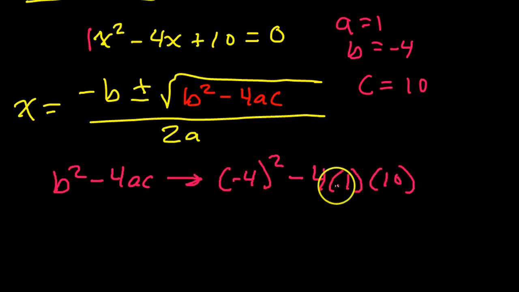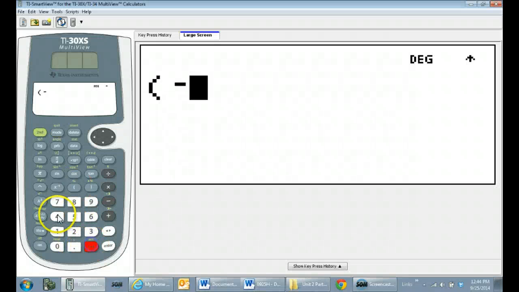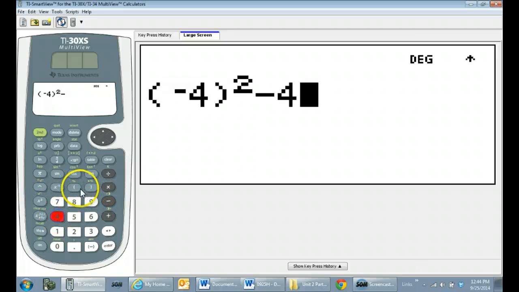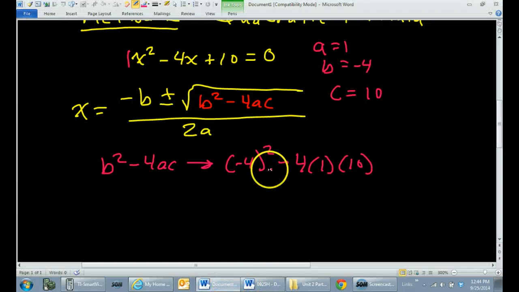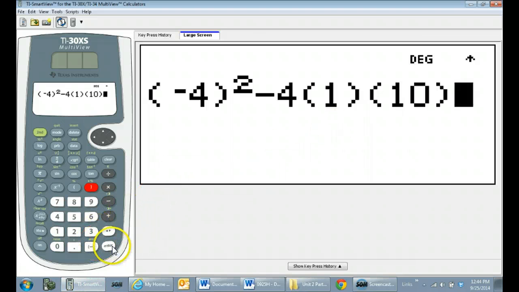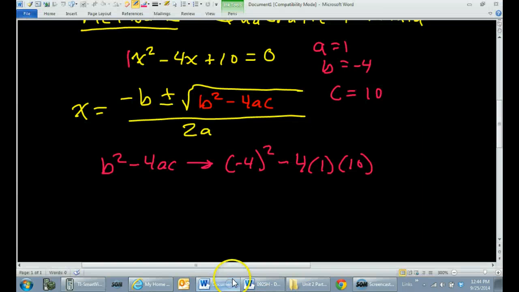Some of you guys need to put this in your calculator, but make sure you put the b squared, the -4, in parentheses. So -4 squared minus 4 times 1 times 10. That's what it was, right? Yeah. Okay, so kabam, that's -24. So make sure you get that.